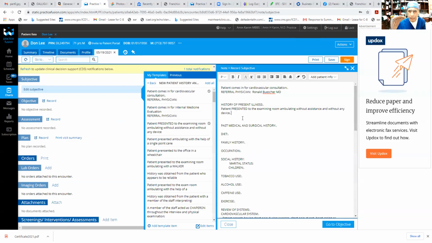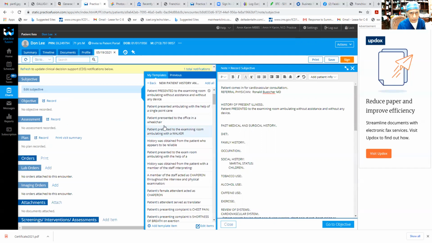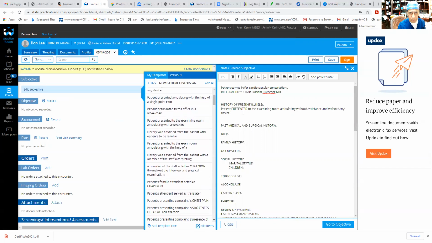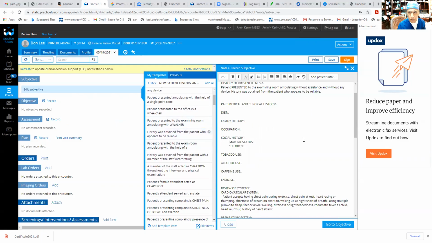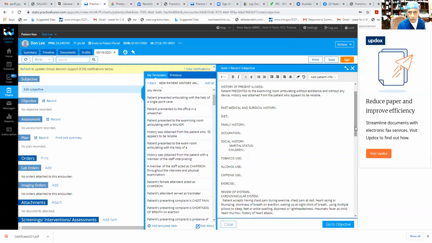If the patient didn't walk in, then there are other templates to use. For example, he came with a single point cane, or he presented on a wheelchair or a walker, etc. So we are going to say that the normal patient presents like this. And the second sentence that goes on the same line is that history was obtained from the patient who appears to be reliable. That is for a patient who is giving you the history.